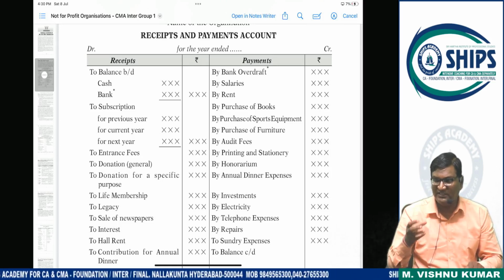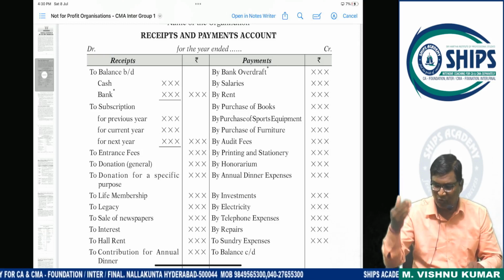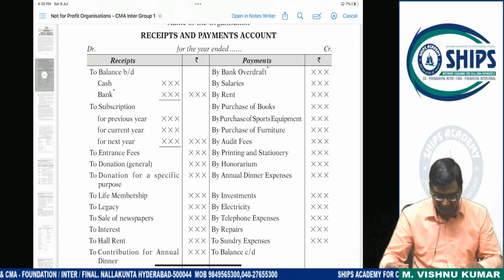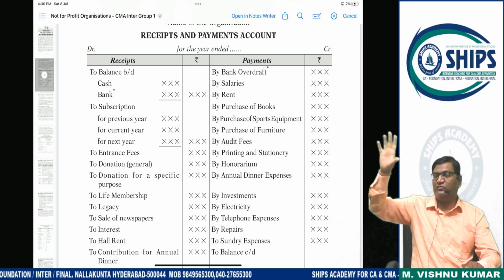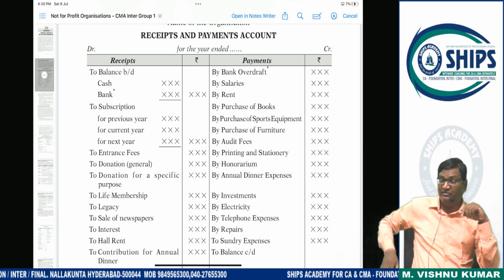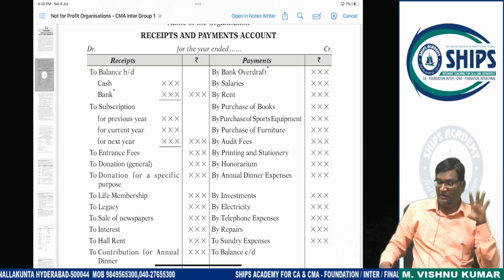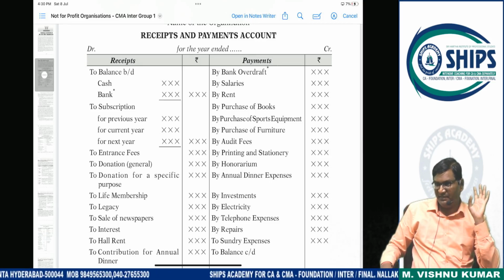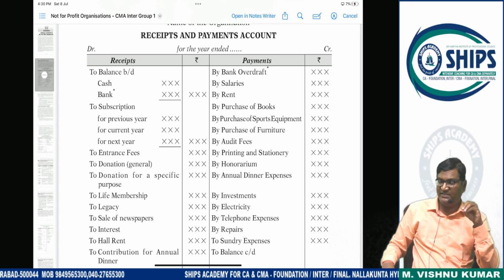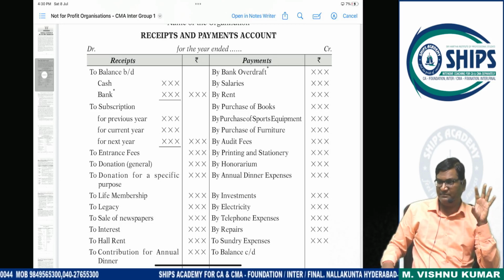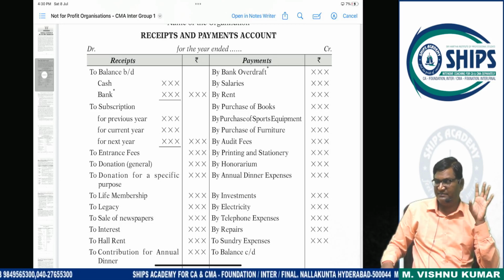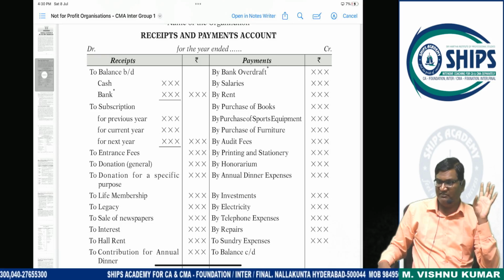So what items will come on receipt side and payment side? If you go through that, some clarity will come. Like on the receipt side, first opening balance of cash and bank will come. If there is an opening overdraft, credit side. Overdraft always represents bank. Next, all types of receipts will be on the receipt side, like subscription received, donation received, life membership fees received, entrance fees received.